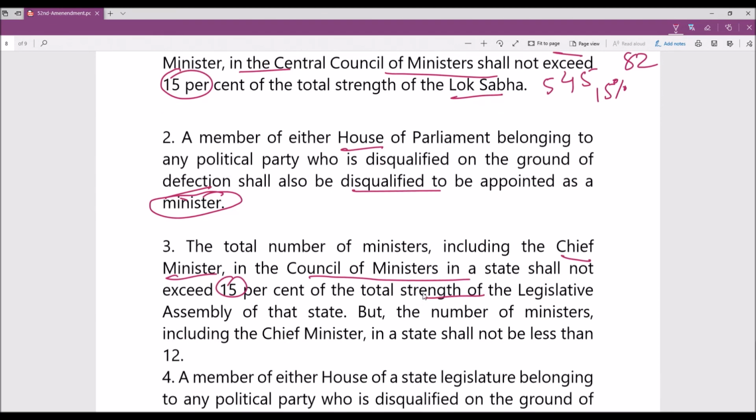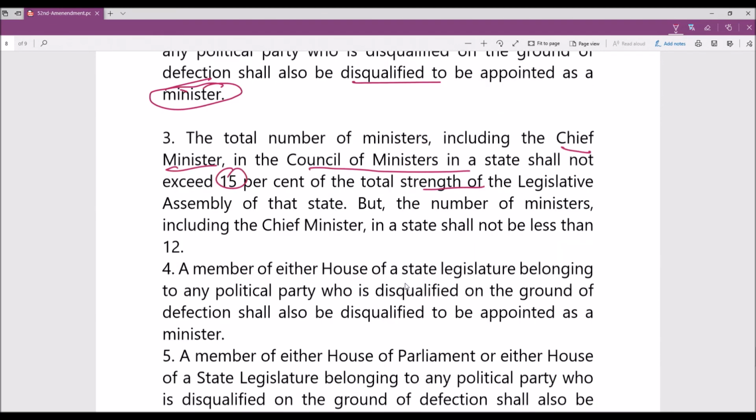That means we put a limit on the number of ministers. But there is also another criterion. The number of ministers, including the chief minister, in the state shall not be less than 12. So the maximum is 15%, but there should be at least 12 ministers in the state.